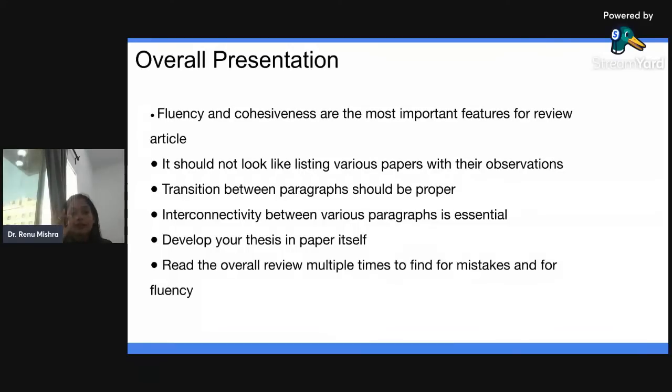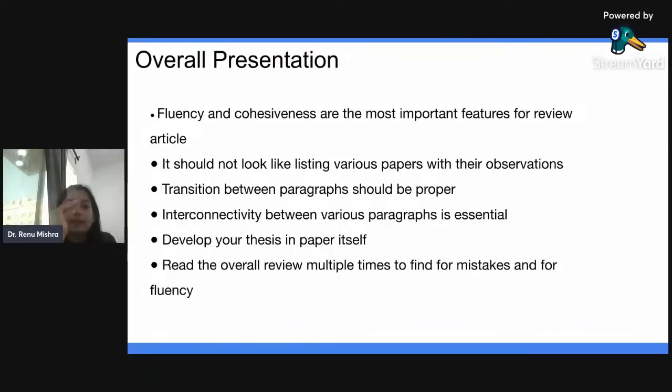So if you can't reflect your research on paper in your write-up, so that fluency, so if you're coming from one paragraph to another paragraph, make sure that the ending of the first paragraph gives an indication that yes, the next paragraph will be this, right? So that fluency, that cohesiveness, that the entire piece of write-up should look like it belongs to one topic.